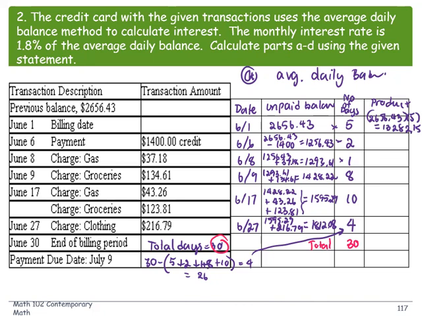Basically, we multiply these two columns together. The product in the second row will be 2512.86. The third row is 1293.61.